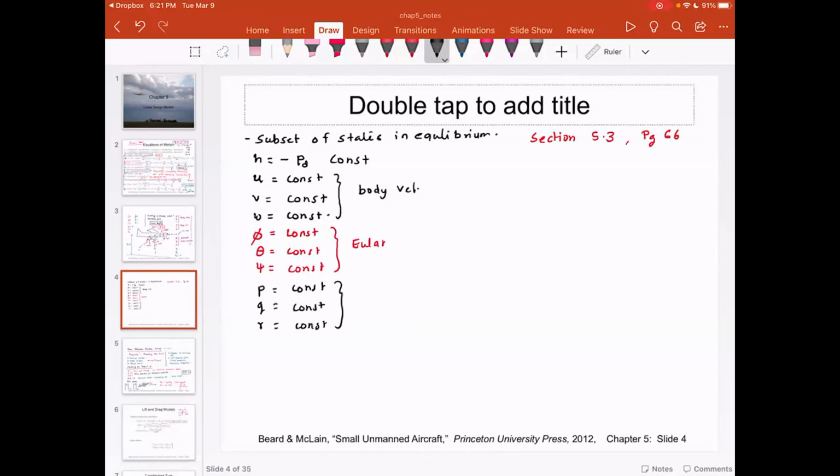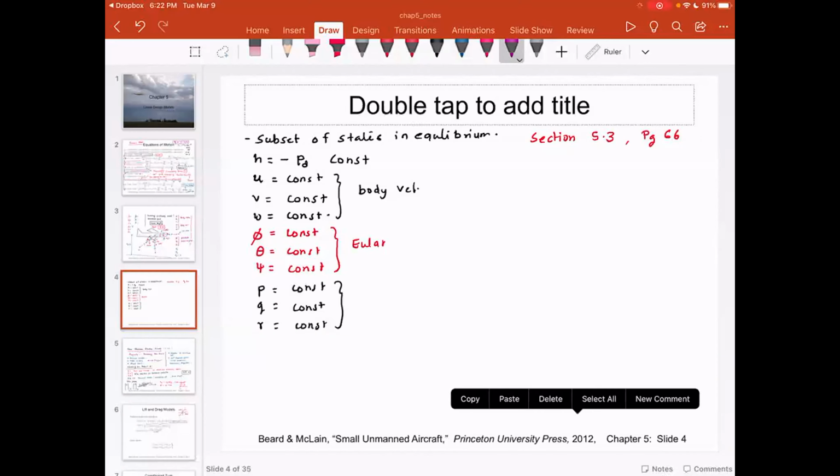Now, the next thing is super important. Even though all these quantities are constant, since you are in trimming, the derivatives have to be zero.